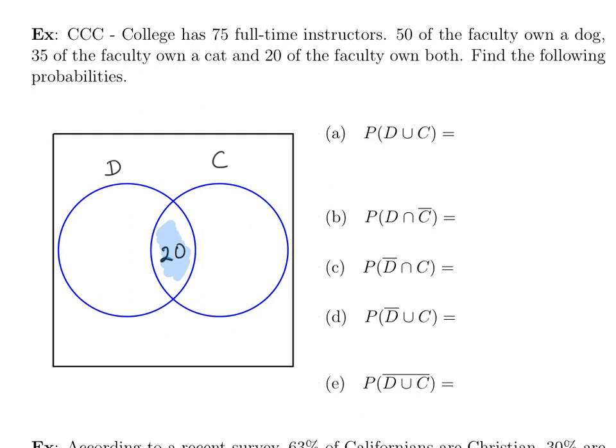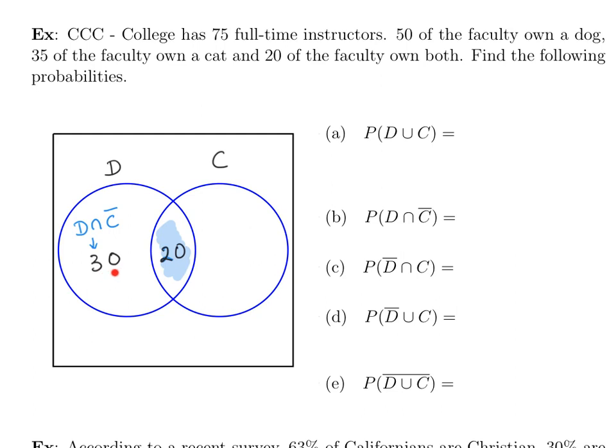Since there is 50 people that own a dog, and you already have 20 here, that means that there is 30 here. Recall what this means. These are the people that have a dog, but they don't have a cat. And together, it has to add to 50.